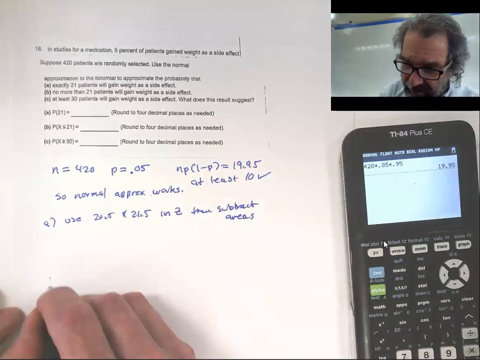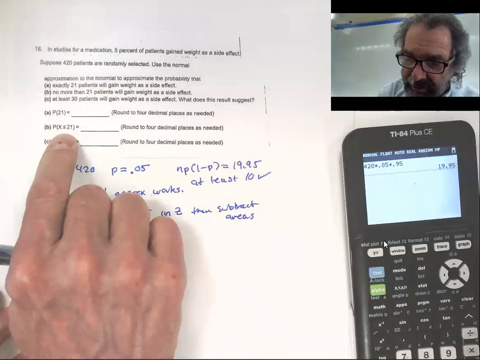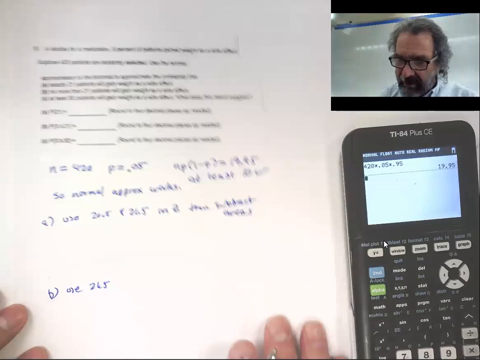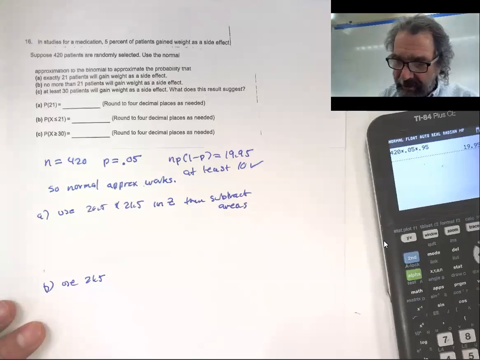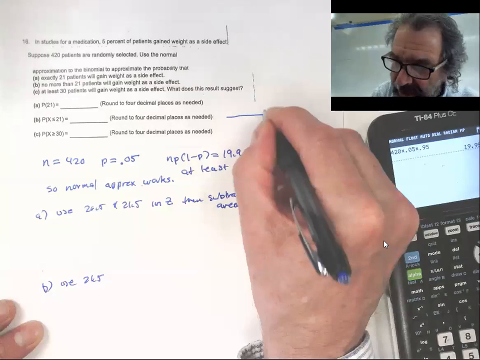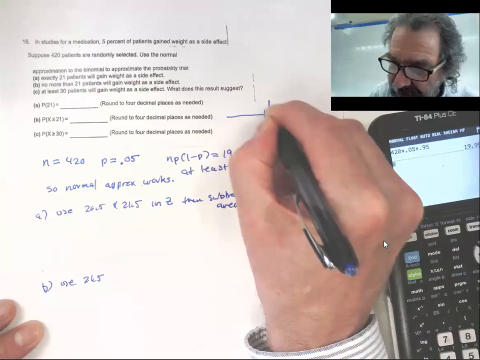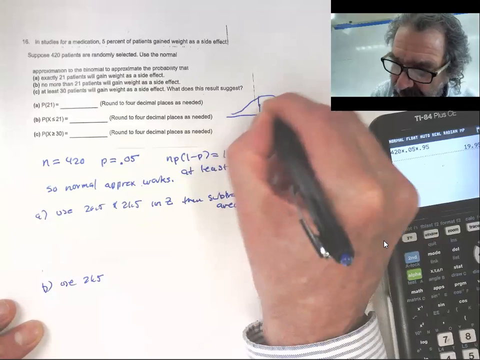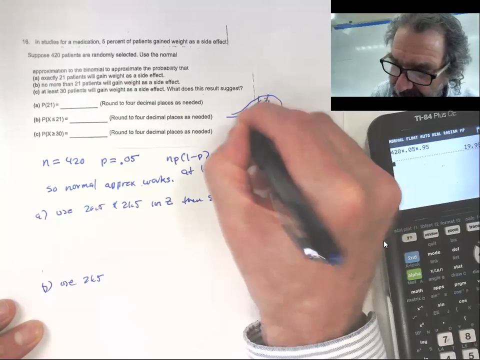For B, less than or equal to 21, we're going to use 21.5. We'll draw a picture of that in a second. So we're thinking this, I'll put it here. So we're less than or equal to, so here's 21 here. The bar over 21 extends all the way up to 21.5. We've got a normal curve on top of here, but we want this area coming left to include the bar over 21.